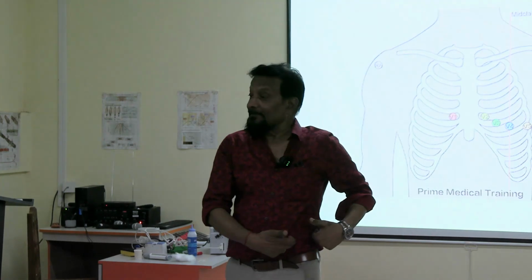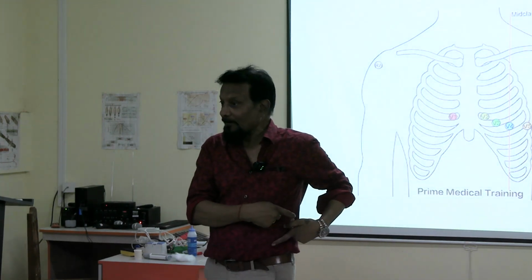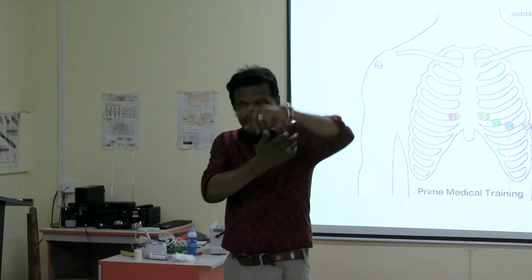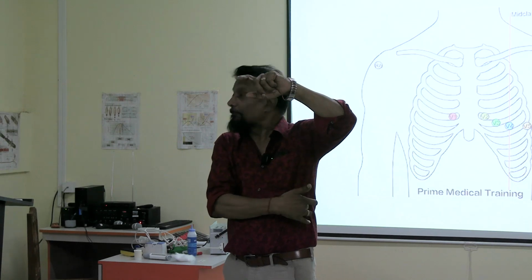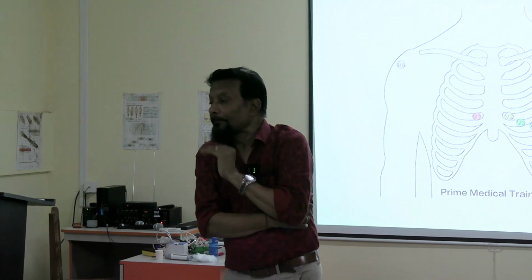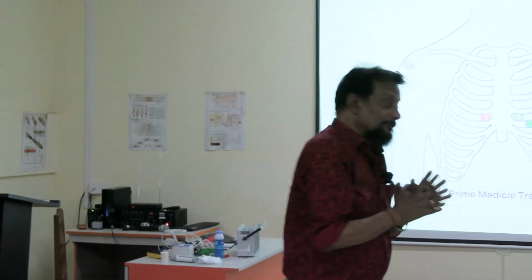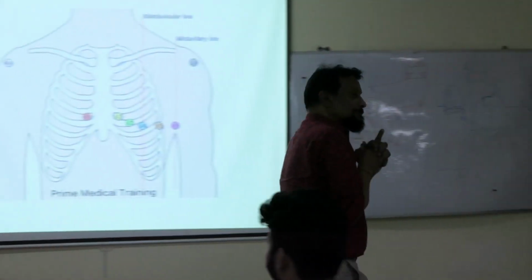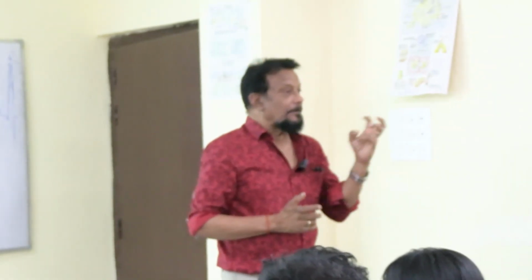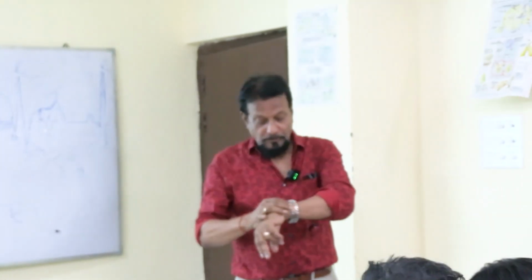The anterior axillary line will cross the fifth intercostal space, and that will be V5, and the mid axillary line will cross the fifth intercostal space somewhere, so this will be the place for V6. So these are the 12 leads we usually use for electrocardiography, the 12 lead electrocardiogram. Okay? So today, up to this.